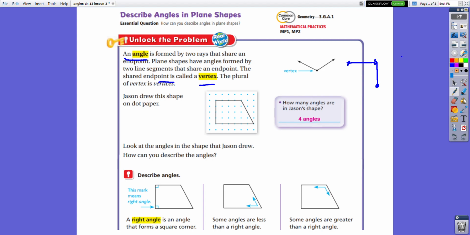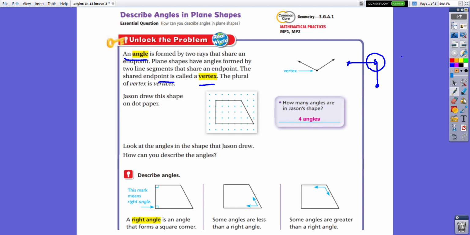So when those two line segments meet together here in this area we call it angle. Okay? So do you understand what angle means? It means the area where two line segments or rays meet each other. Okay, so two lines meeting each other, the connecting area between them we call it angle.